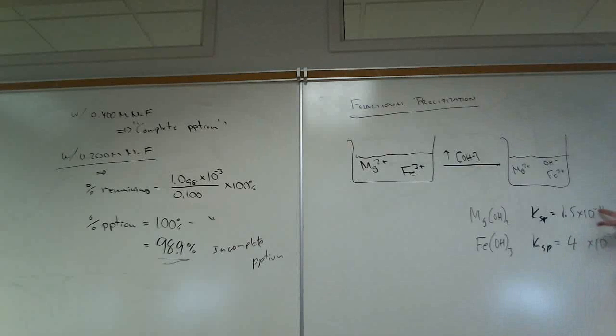Can we just look at the KSPs and tell which one's more soluble and which one's less? No. The reason is because of how it ionizes. Sometimes the solubility is the square root, sometimes the cube root, sometimes the fourth root of the KSP. So usually we can't compare them directly.